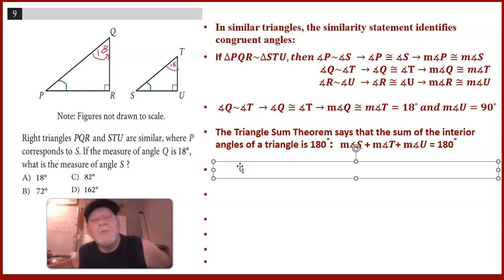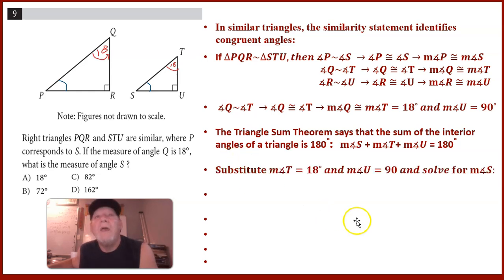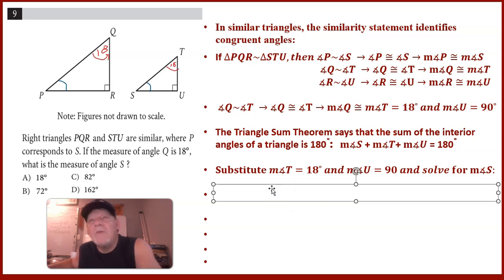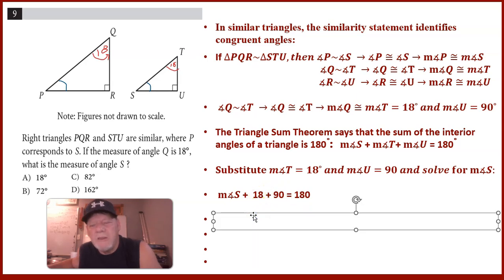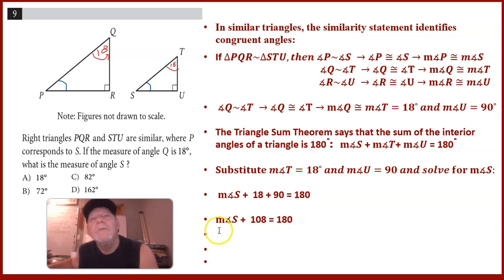So my job is just to use algebra and solve that equation after I substitute those values in. So I have the measure of angle S plus 18 plus 90 equals 180. So I combine like terms, the 18 and the 90, and I get the measure of angle S plus 108 equals 180.